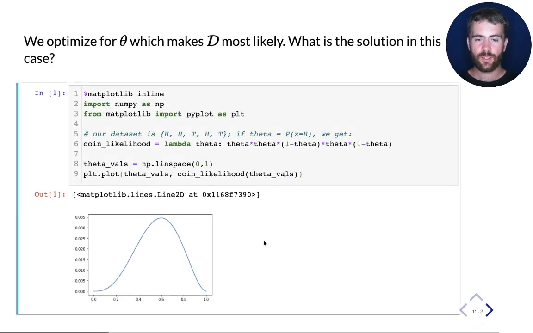Now we can plot the likelihood as a function of the parameter theta, and as you would expect, the principle of maximum likelihood chooses theta equal to 0.6 or 60%, which is reasonable because we have 60% heads in our data set and 40% tails.